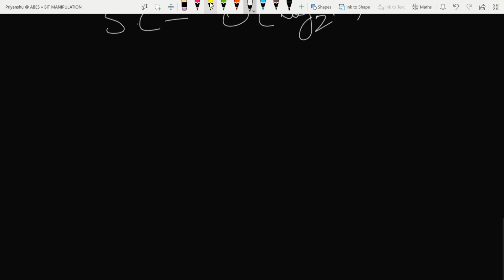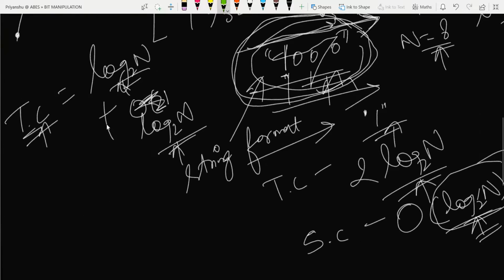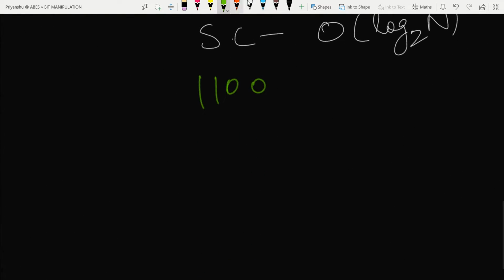So let us try out. Basically, suppose we have the binary representation of 6. It is 1 1 0. So let me erase this part. 1 1 0 is the binary representation of this. Now the number of set bits in this is 2.